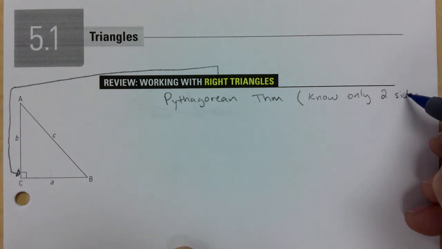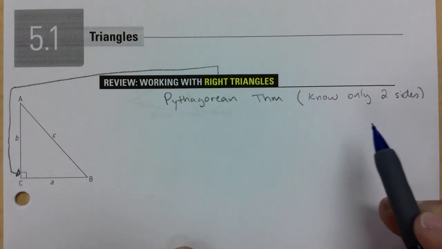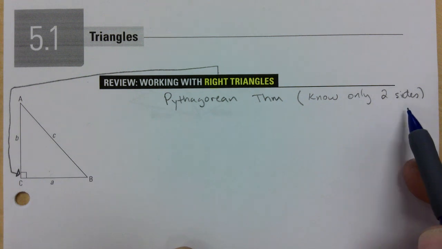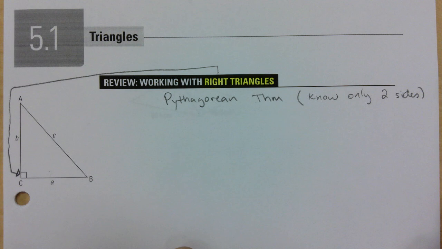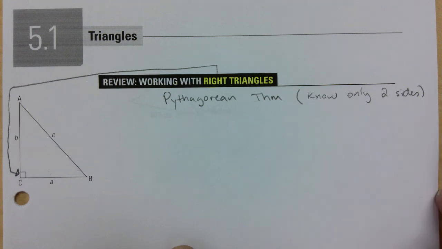If you only know two sides, right, and you want to know the third side, then you want to use the Pythagorean theorem. Okay?